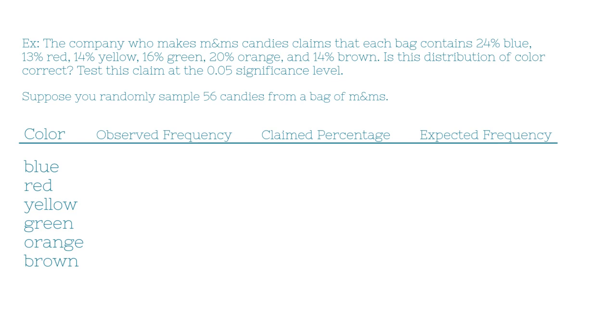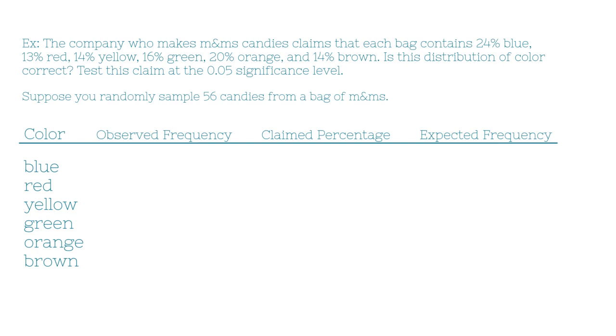So suppose you go out and you buy a standard size package of M&M's candies. There's usually about 56 candies in a package of regular sized M&Ms. So we buy this package of candies, we count that there are 56 candies in the bag, and we separate them by color. I've created a table here for us to organize our information.